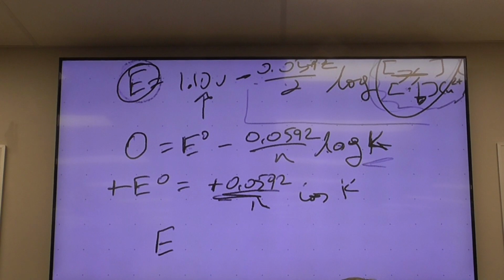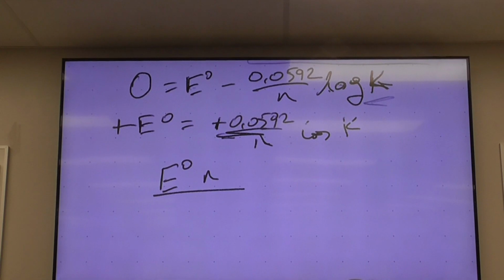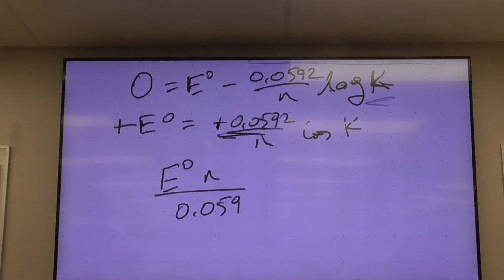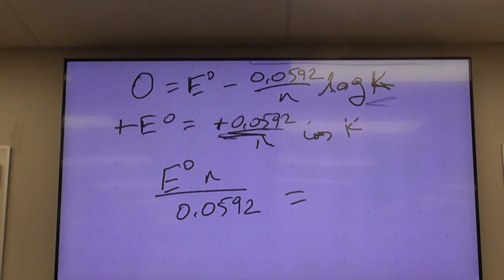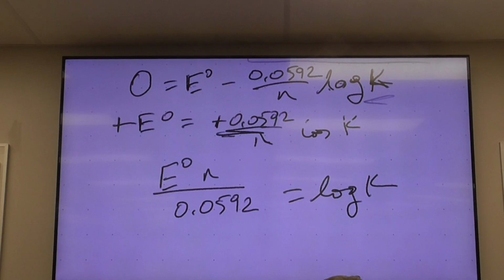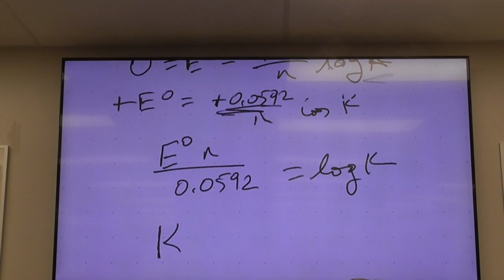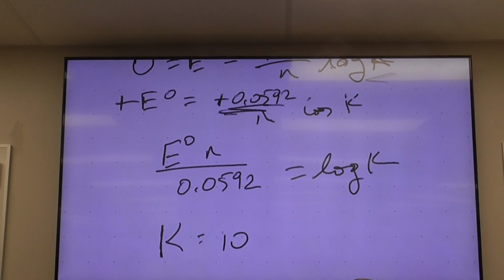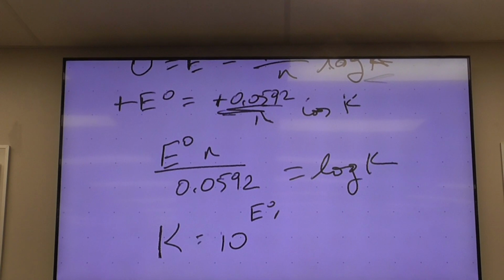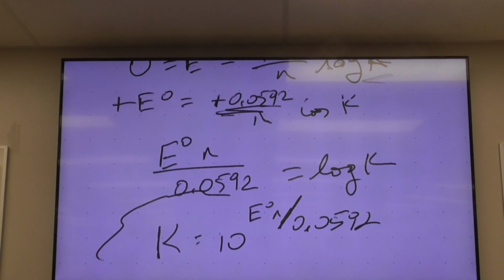So I get E naught times n over 0.0592 equals log of K. So then K is going to equal 10 to the E naught n divided by 0.0592.